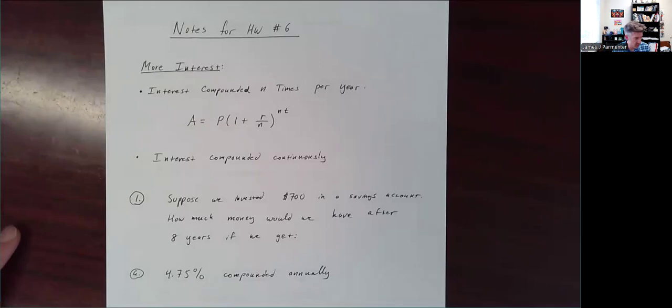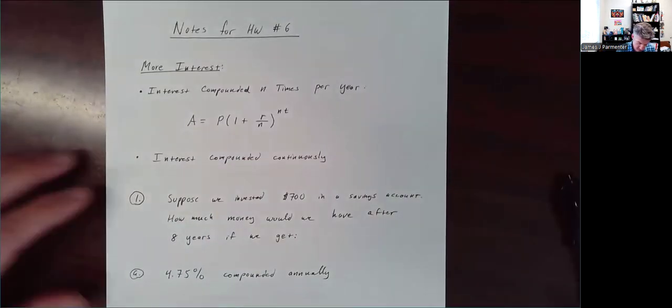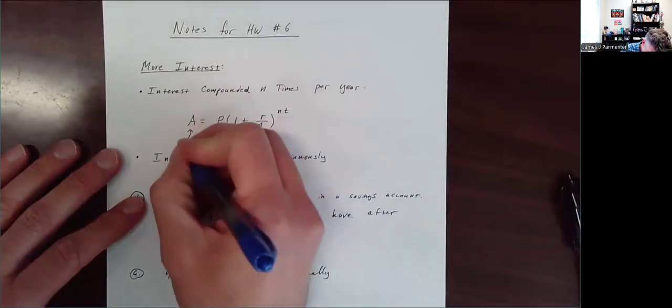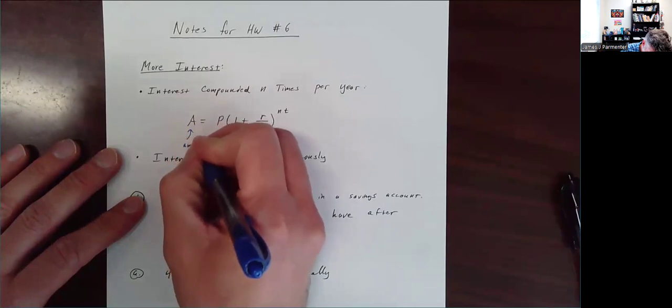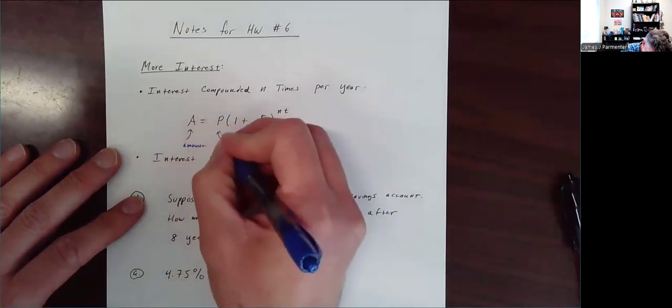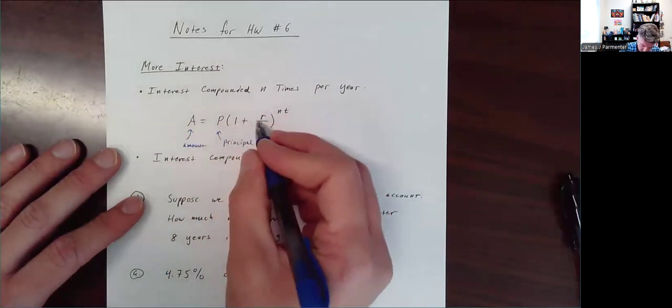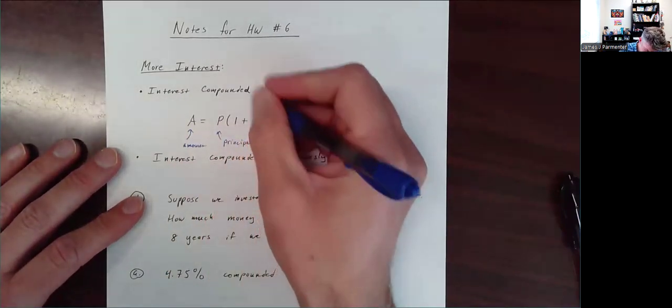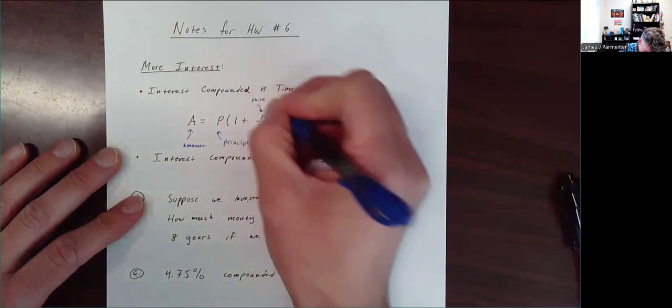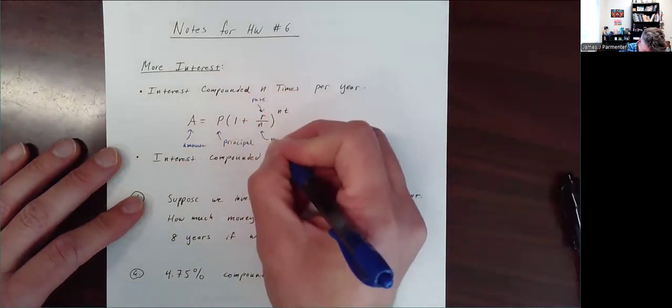So for interest compounded n times per year, the formula is A, the amount of money that we're going to end up with, equal to P, the principal, multiplied by 1 plus r over n, where r is still the interest rate as a decimal, but n is the number of times we're compounding.